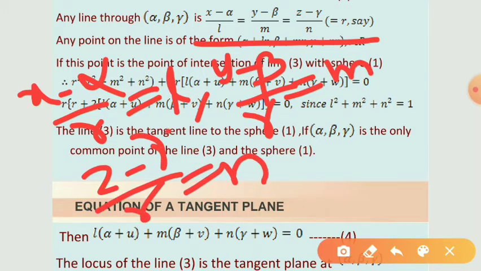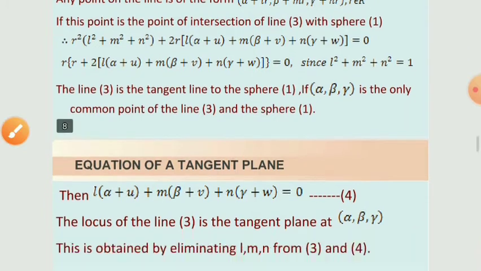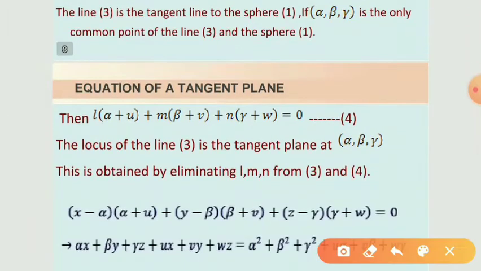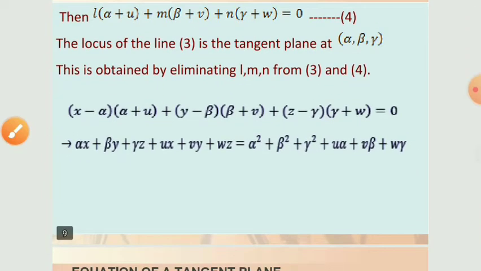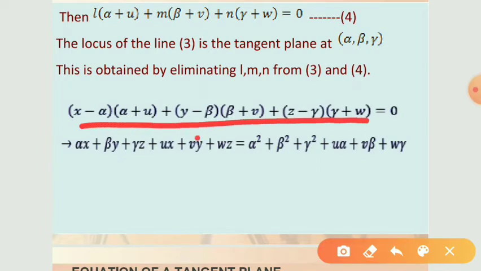By using these l, m, n values in this expression, we will get (x minus alpha) into (alpha plus u) plus (y minus beta) into (beta plus v) plus (z minus gamma) into (gamma plus w) is equal to 0. Actually we will get this by R. By taking R to this side we will get this.